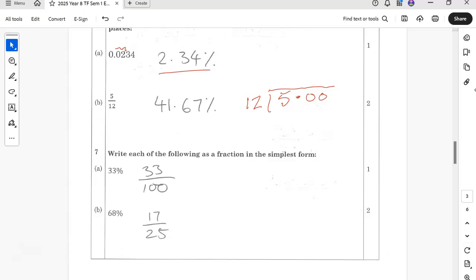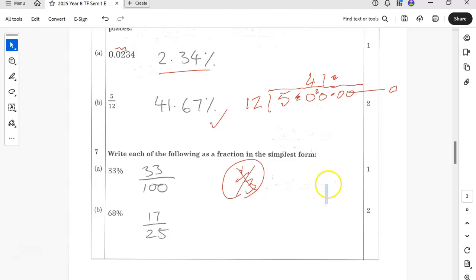So 12 into 50 goes 4 times. 4 12's 48, remainder 2. Goes once. Now we put our decimal point here, keep adding, and we end up with 41.67. That's what the answer is. 33 on 100, a lot of people put 1/3, it's not a third. I didn't take a mark off, but it's not a third.